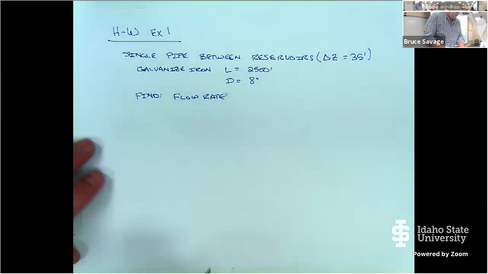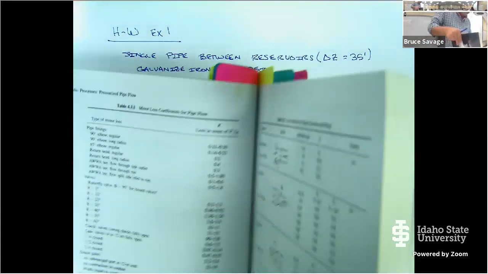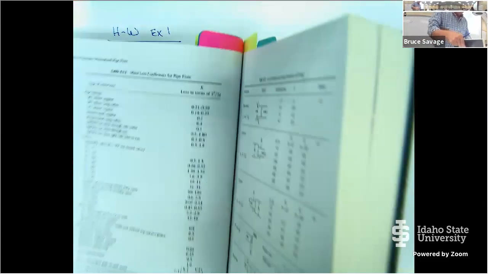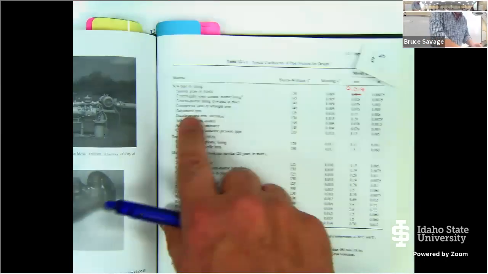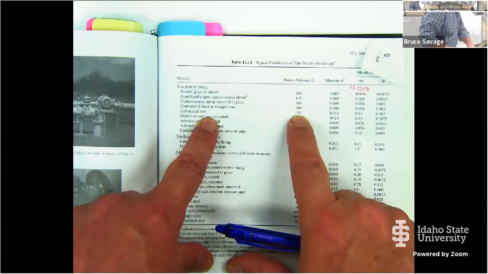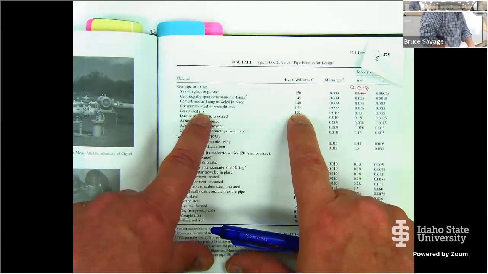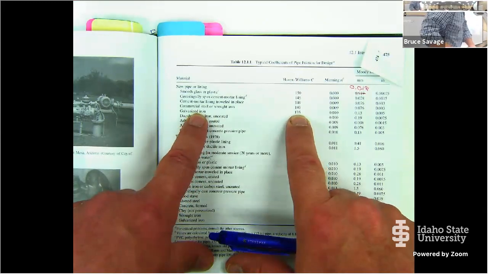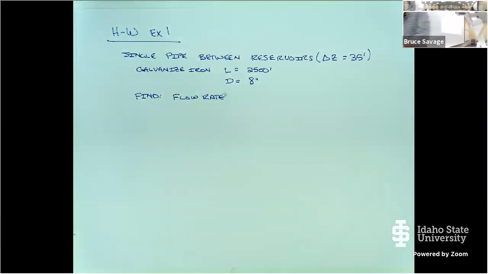So we go ahead and open up our book again. We come back here to galvanized iron pipe. Hazen-Williams for galvanized iron pipe is, I don't know if you guys can see that, 135. Can you see that? Okay, so that's 135.